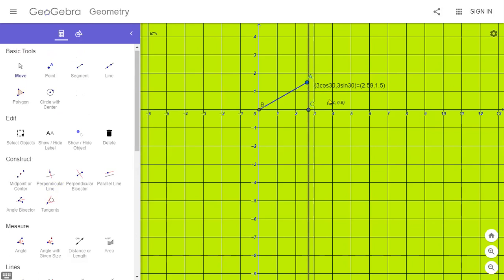The location of the point at the mouse cursor is shown here.